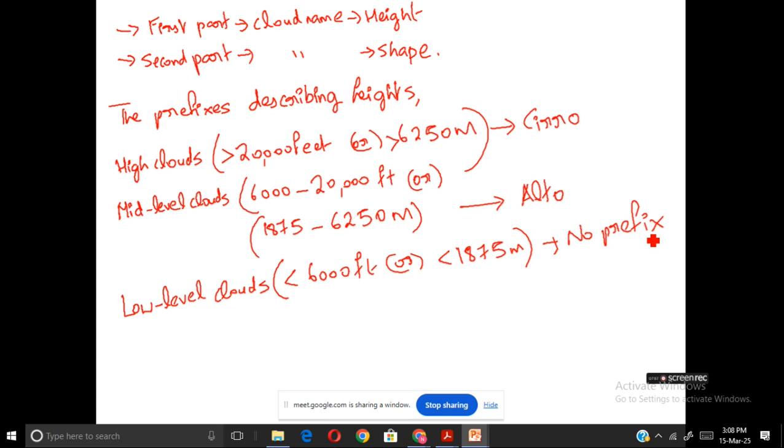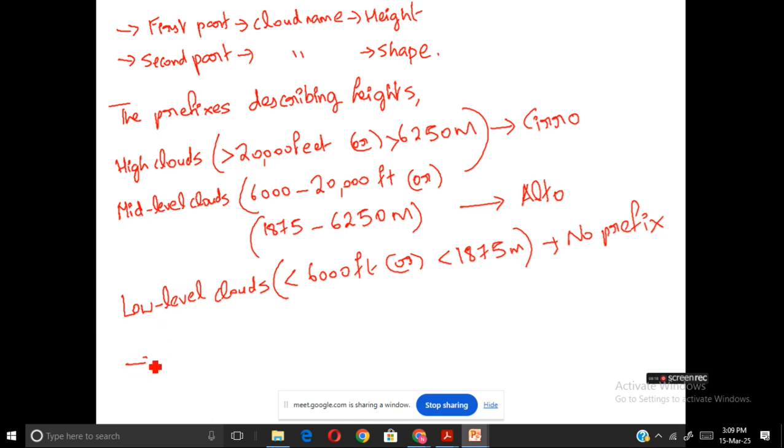And low-level clouds, at a height of less than 6,000 feet or 1,875 meters, generally don't have a prefix. So this is based on height.